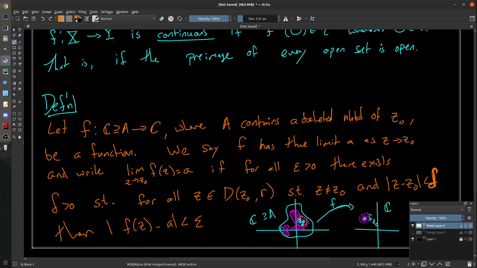Oh, it's almost like the pre-image of an open set about the image of a point contains an open set about that point. Like the pre-image of an open set is open. Oh, just like this other definition. But this is just describing a limit right there.